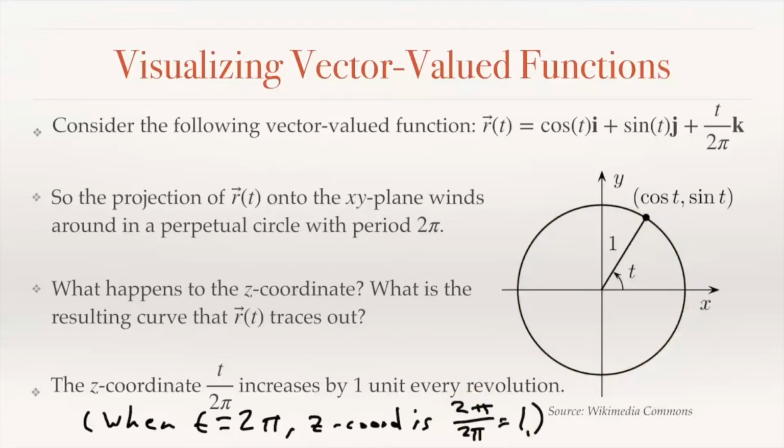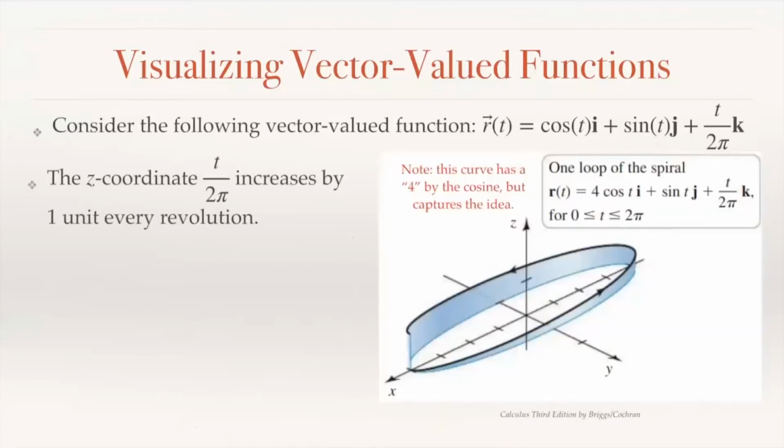So what does that look like? Well, it'll be what we call a helix. Note that this curve has a 4 by the cosine, but it captures the idea. So ours is a perfect circle, not this ellipse thing. So imagine that this is a circle.